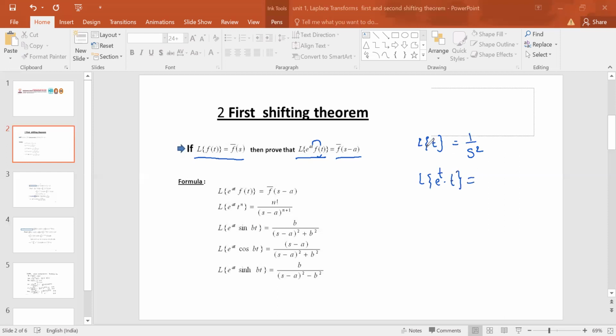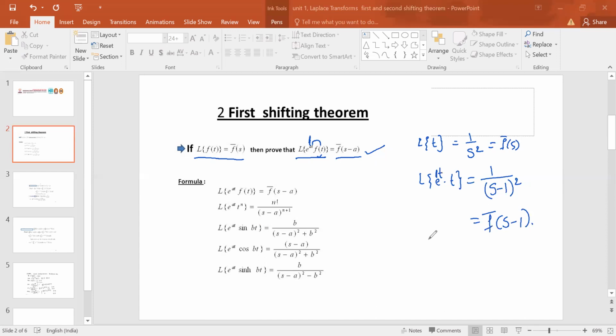We know the Laplace transformation of t is 1 by s square, so this is nothing but our f bar of s. Here the output is f bar of s minus a, where a is the coefficient of t in the exponent. Here the coefficient of t is 1. So we need to put s minus 1 instead of s in the above f bar of s, which is f bar of s minus 1.